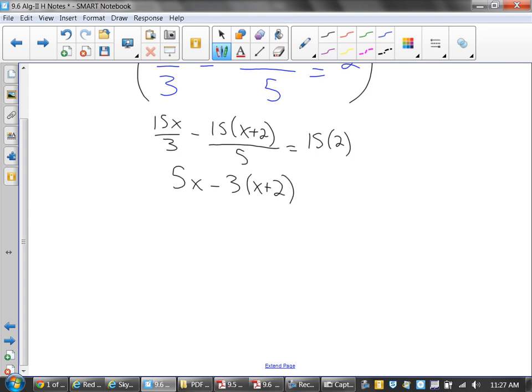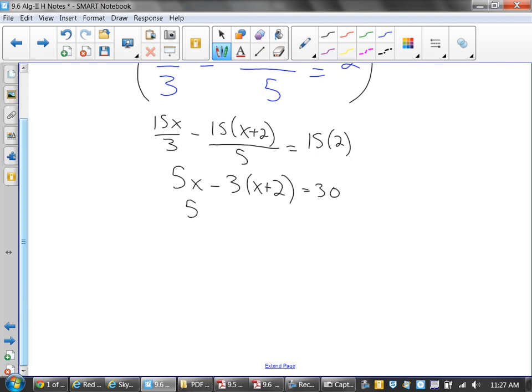And then lastly, what's 15 times 2? 30. Notice, all I have done was just eliminate my fractions. What I'm doing here is keeping both sides of the equation happy by multiplying both sides by the same value. It doesn't change the equation, it just makes it easier to work with.